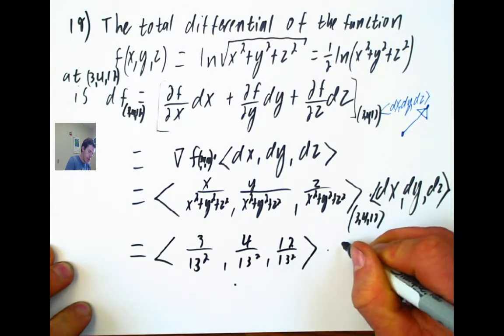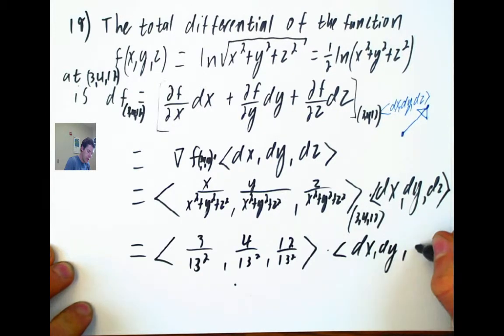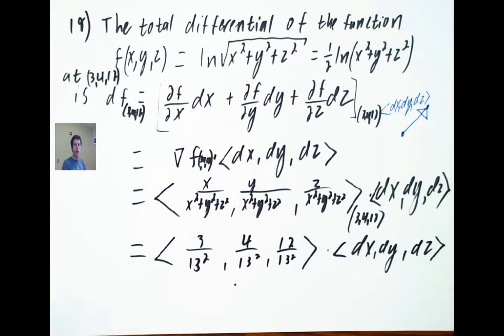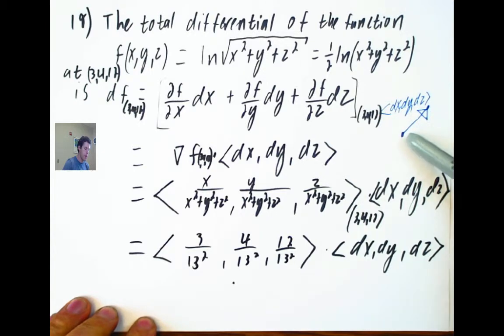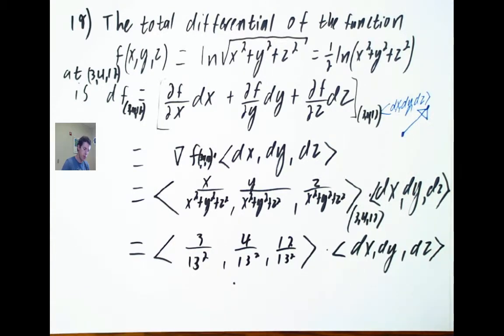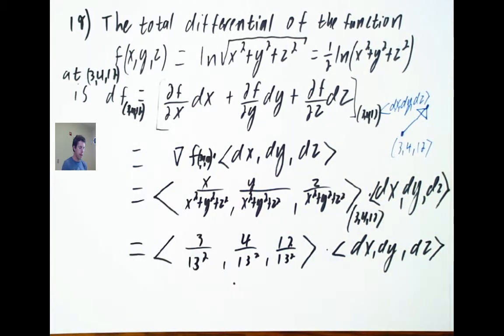Okay, and that I dot with dx, dy, dz. All right, so that is to say that the infinitesimal change in f as you move dx, dy, dz away from 3, 4, 12, that is to say this point right here we should have thought as 3, 4, 12, the change in f, df, is this dot product.